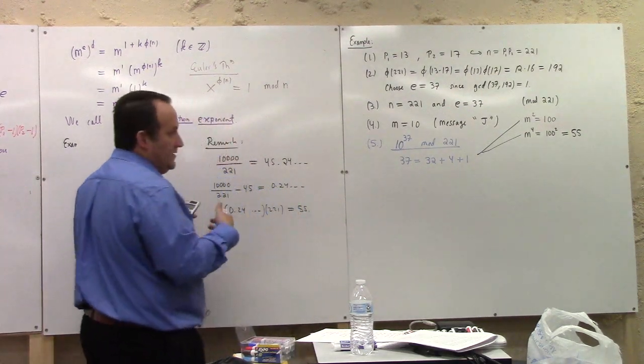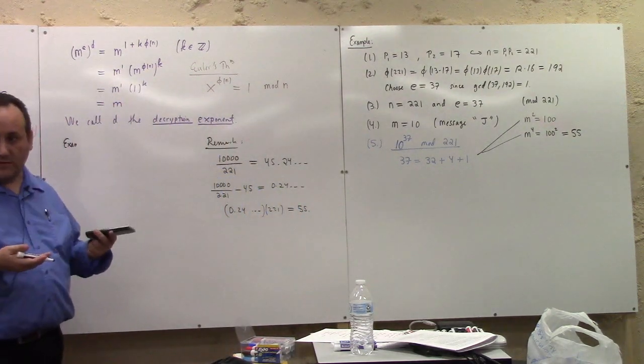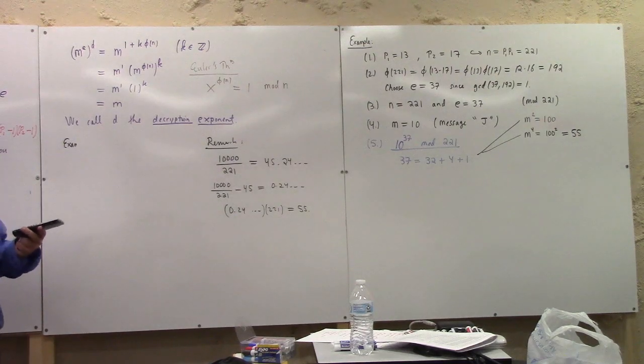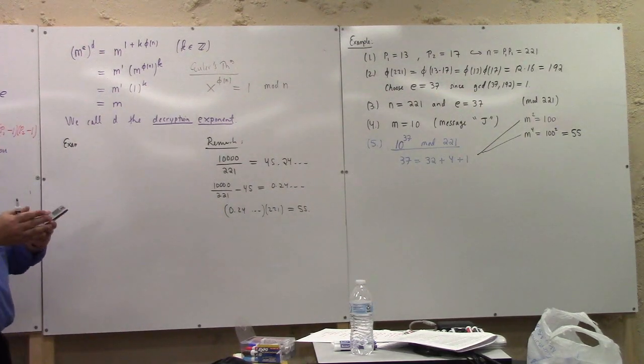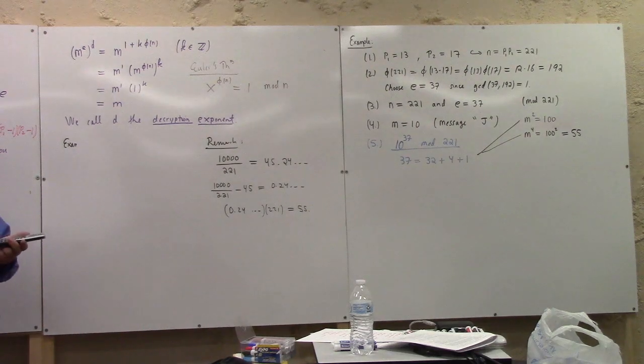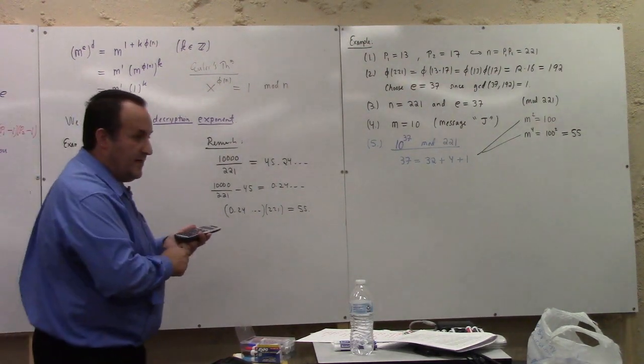And that is how I learn that 100 squared is congruent to 55 mod 221. What I do is divide by 221, which shows me the integer piece. I subtract off the integer piece, and then I simply multiply by the modulus to figure out the remainder. This is a fast way to find remainders.